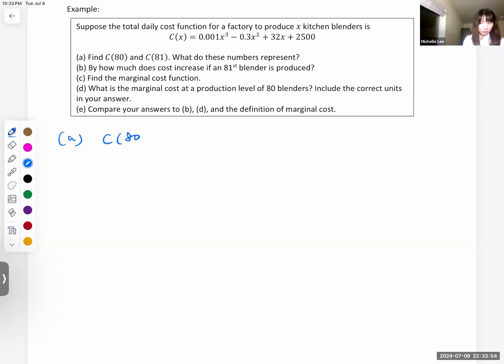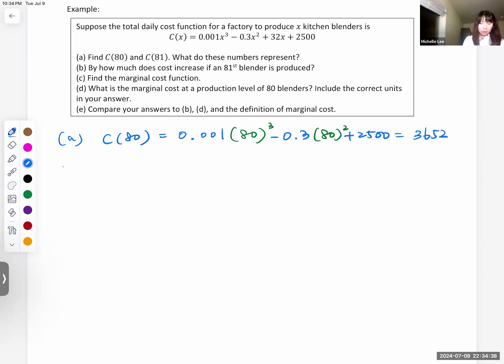C of 80 is 0.001 times 80 to the third power minus 0.3 times x to the second power plus 2500.